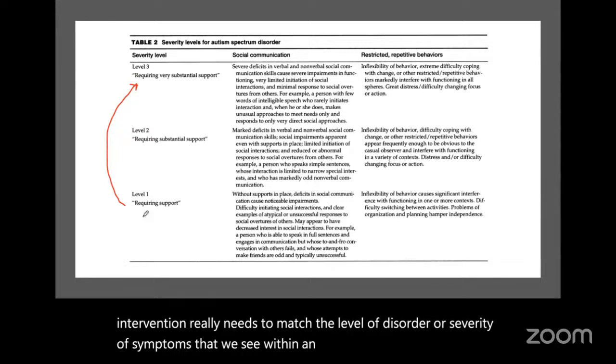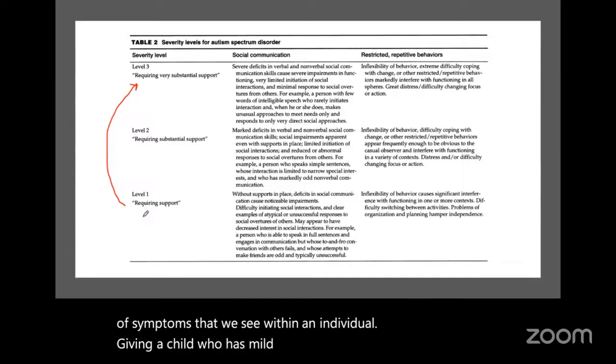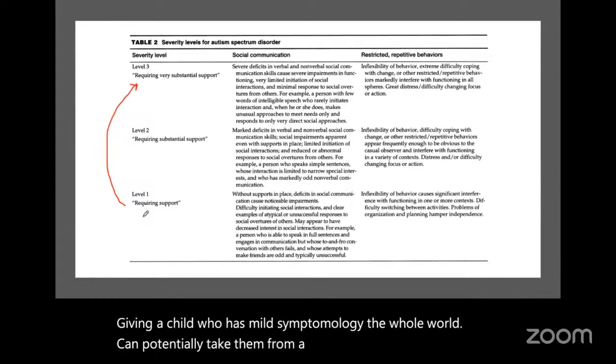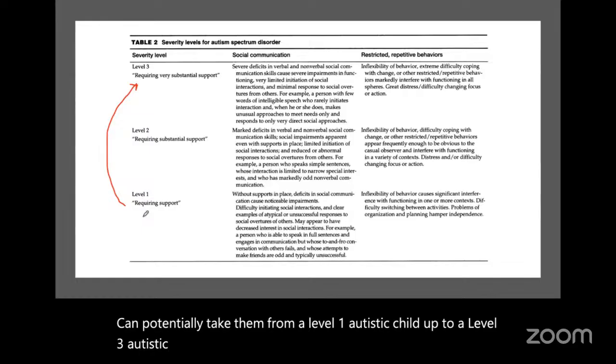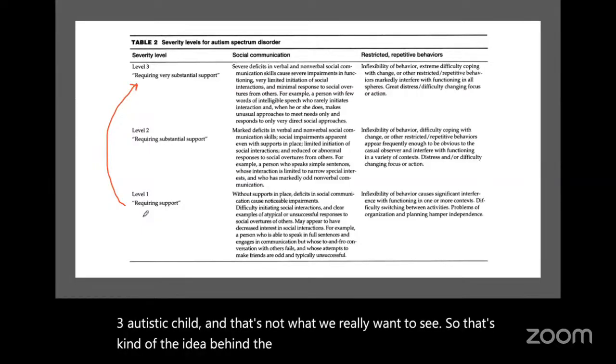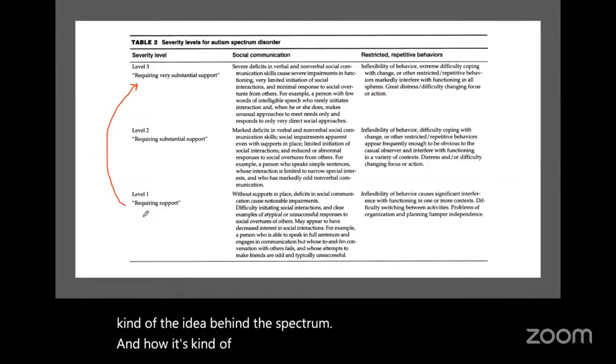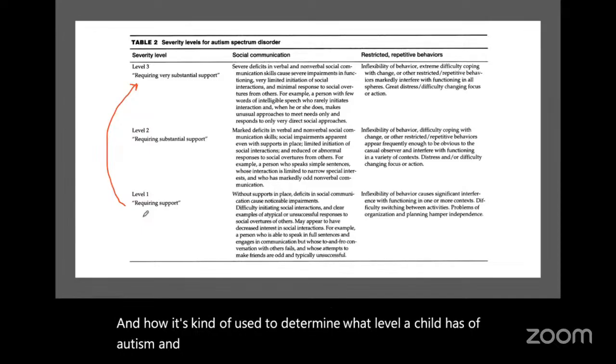Giving a child who has mild symptomology the whole world can potentially take them from a level 1 autistic child up to a level 3 autistic child, and that's not what we want to see. So that's the idea behind the spectrum: to determine what level of autism a child has, and then tailor the treatment modality used for that child. Okay.